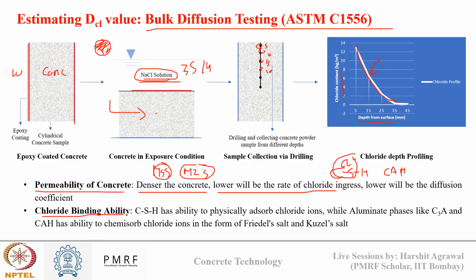Depending upon the amount of CSH and CH phases inside concrete, it can also affect the diffusion of chlorides. Generally we say that a GGBFS based concrete, which is rich in aluminates, has a higher chloride binding ability compared to an OPC based concrete. Such concrete may show a lower diffusion coefficient compared to an OPC based concrete.